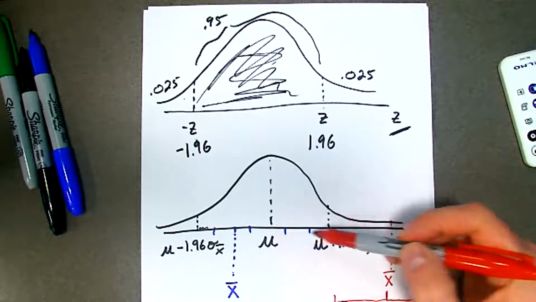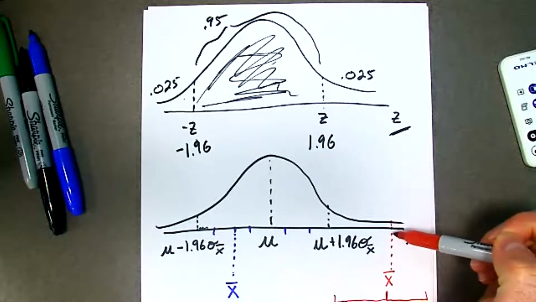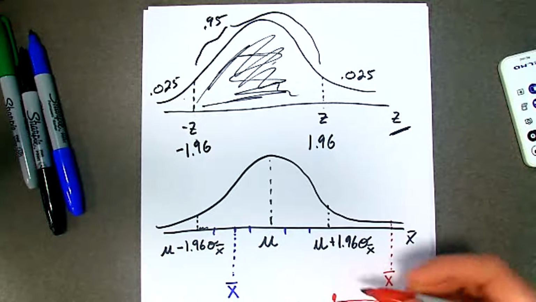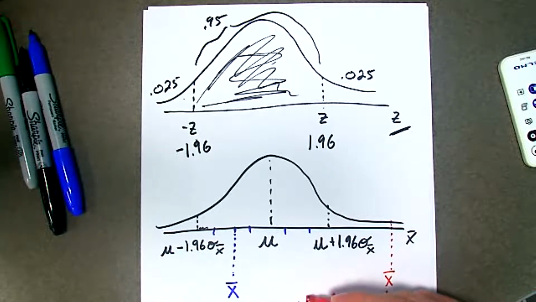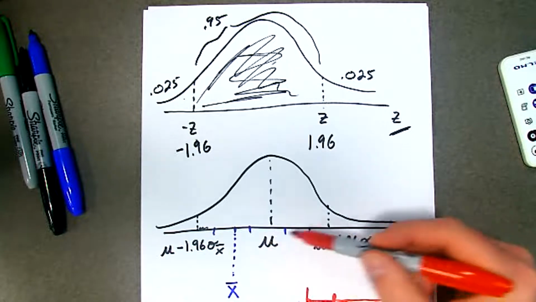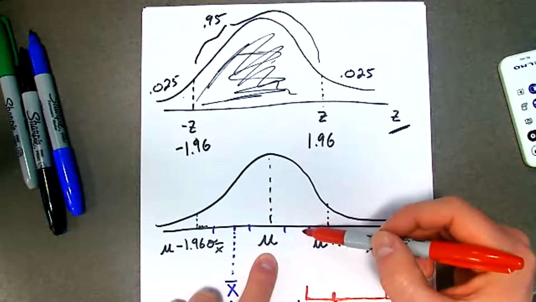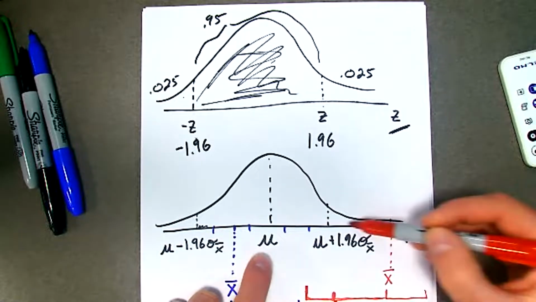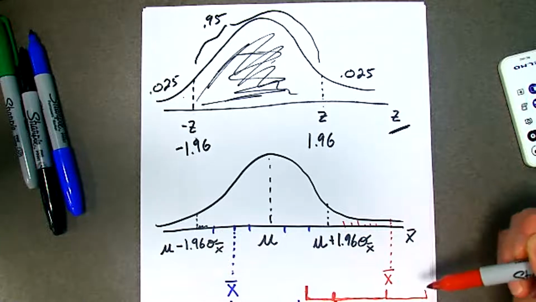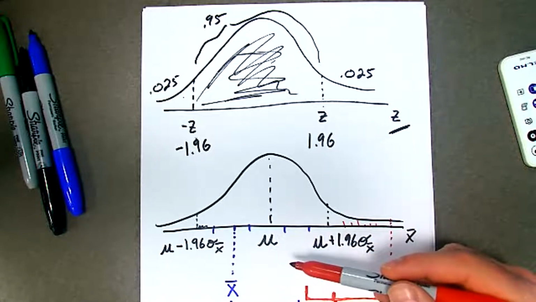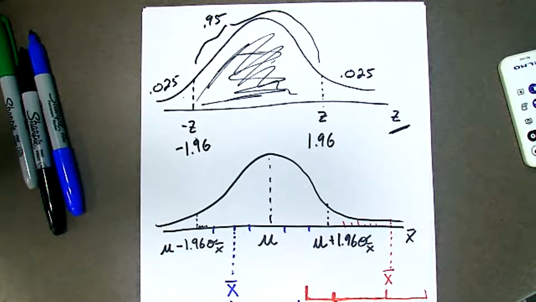Notice if I go out 2.5 or 3 standard deviations away from that population mean, and then go back 1.96, and I probably didn't draw this to scale, it probably would be somewhere out here. If I go out 2.5, but then back 1.96, I'm not going to be back to that population mean. So these confidence intervals for values that are more than 1.96 standard deviations away aren't going to include that population mean.